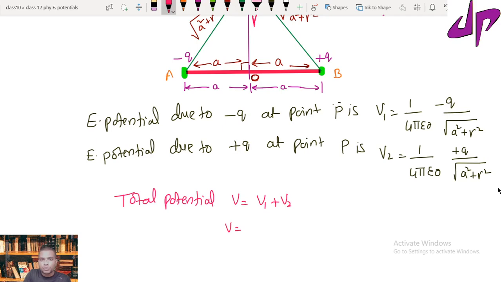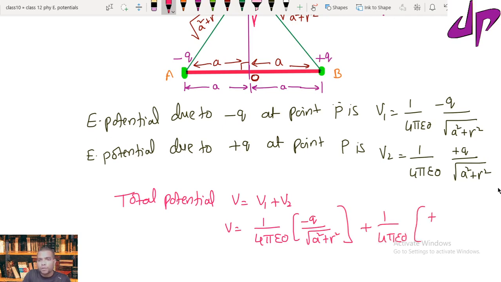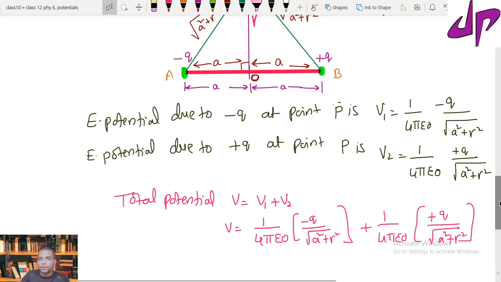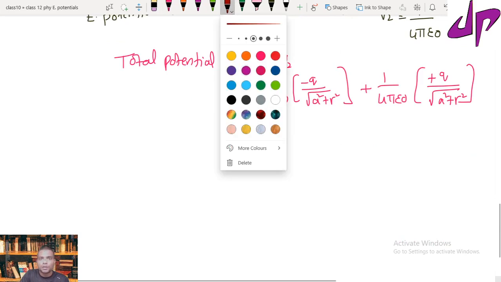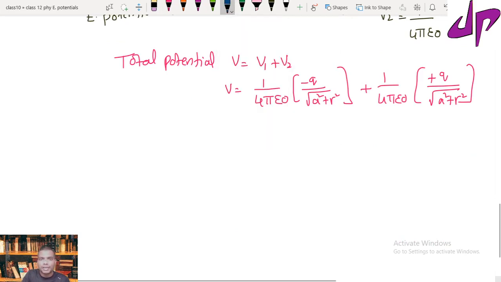Now you sum up these two expressions, that is, 1 over 4 pi epsilon naught of minus Q upon the square root of A square plus R square, plus 1 over 4 pi epsilon naught of plus Q upon the square root of A square plus R square. These two expressions are the same, but they are opposite in sign.